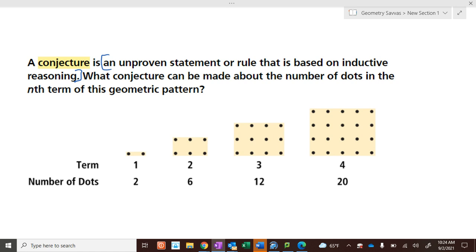So what conjecture could be made about the number of dots in the nth term? Term 1 has 2 dots, term 2 has 6, term 3 has 12, term 4 has 20. What would the 5th term have?